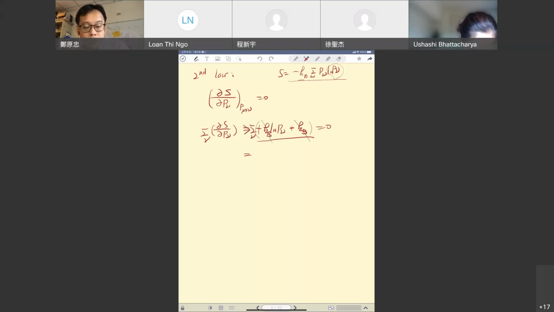So this means the sum over all nu of 1 plus natural log p nu, times this dp nu, must be 0. We intentionally keep this dp nu here. It means any small change with respect to p nu.